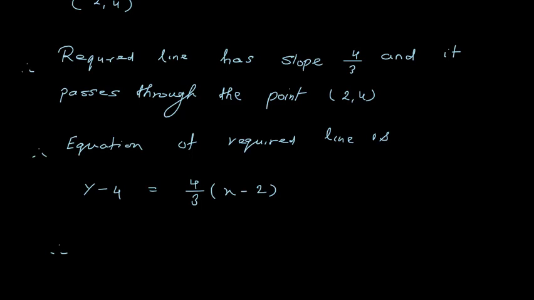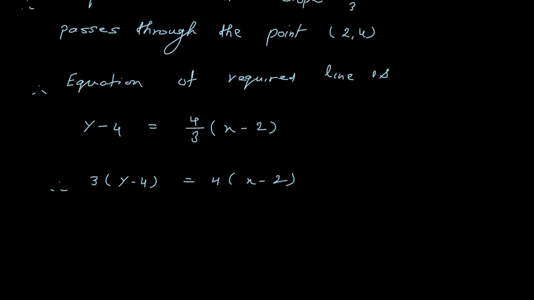So therefore I will move 3 on this side, so it will become 3 times y minus 4 is equal to 4 times x minus 2. So therefore this will be 3y minus 12 is equal to 4x minus 8.